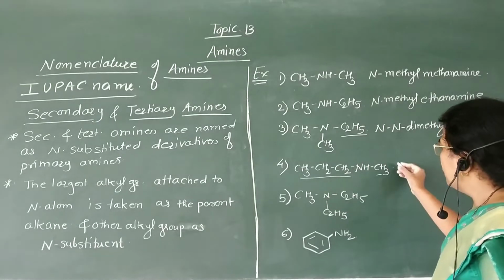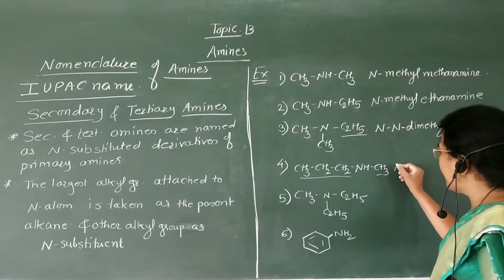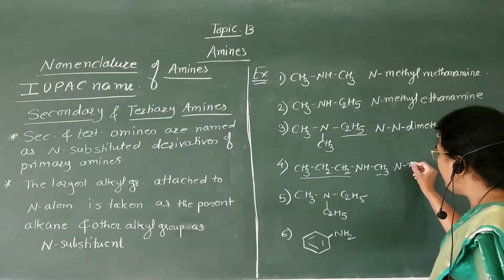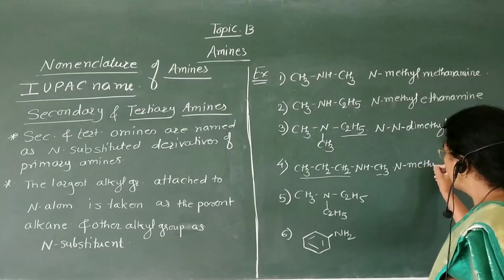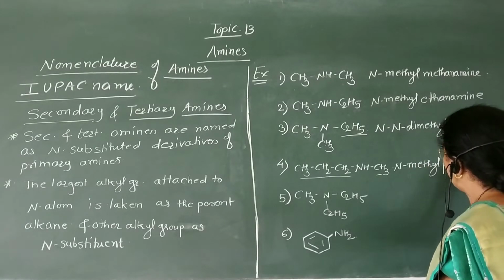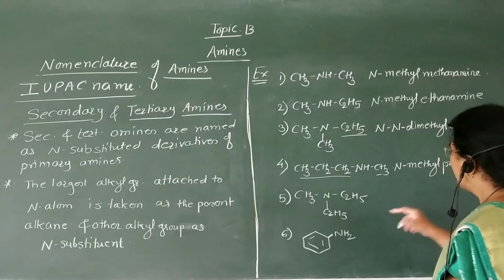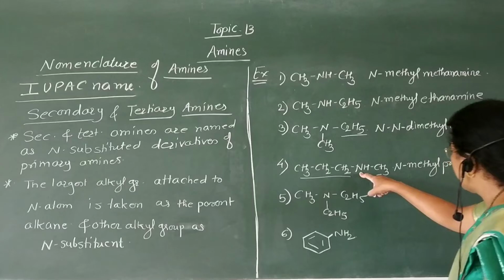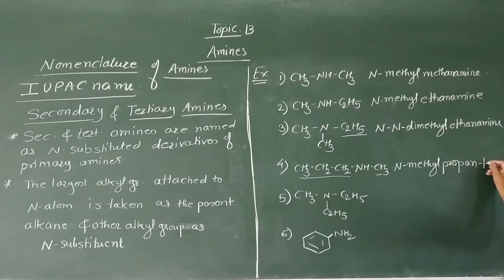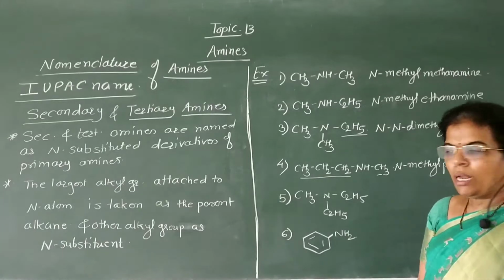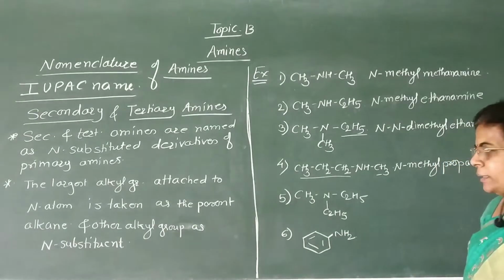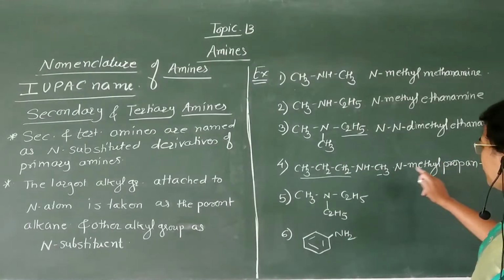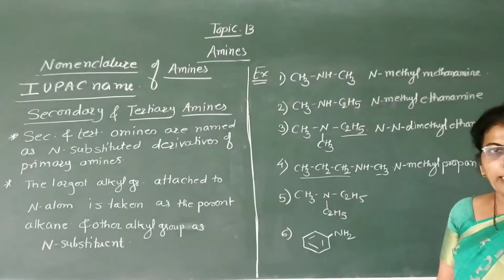Now this methyl group is taken as the N-substituent, that is N-methyl. Now at the position of 1 number carbon atom, this nitrogen is attached, therefore it becomes propane 1 amine. The name of this compound becomes N-methyl propane 1 amine.